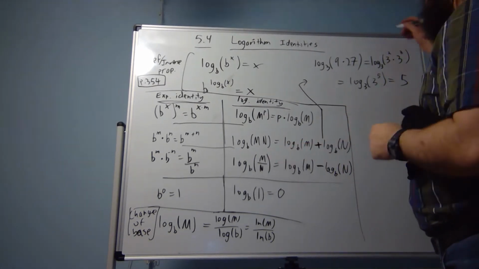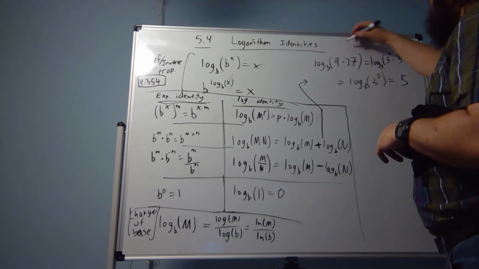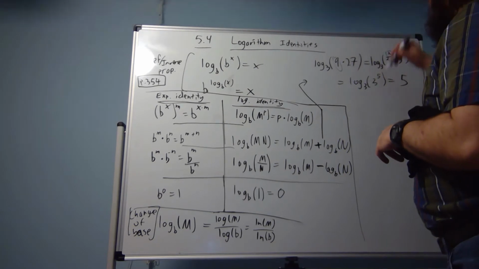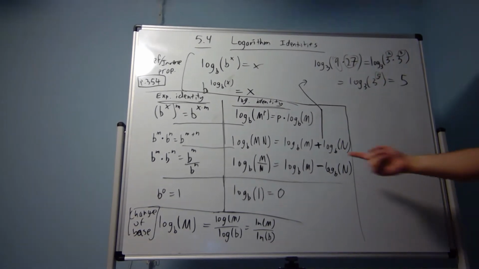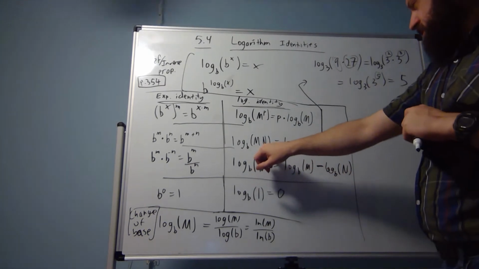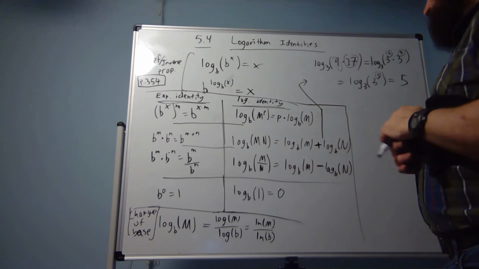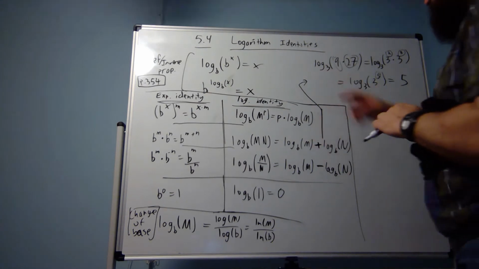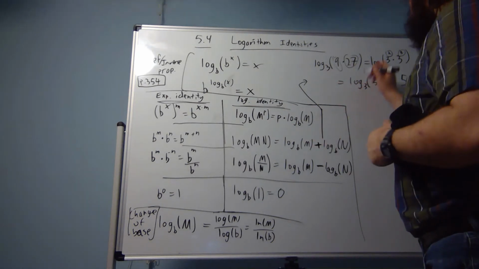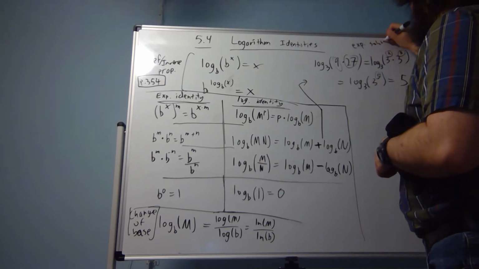So this is kind of using the exponential identity. But what did we do? We took that exponent and that exponent, and we added them. So we took the log of the product, we added the logs, we added the exponents. What is the exponent if you think of that as a power of b, or in this case, a power of 3? That's the exponential solution.